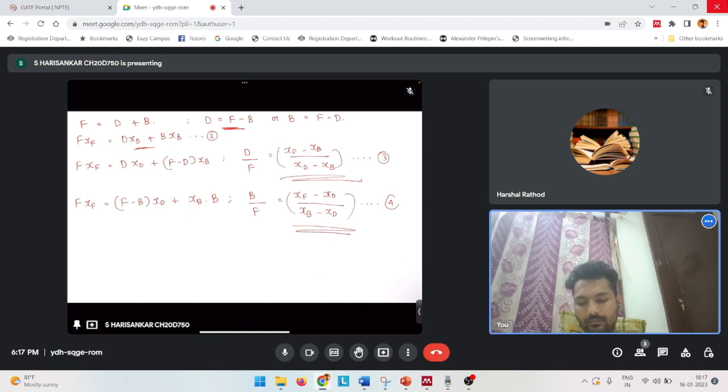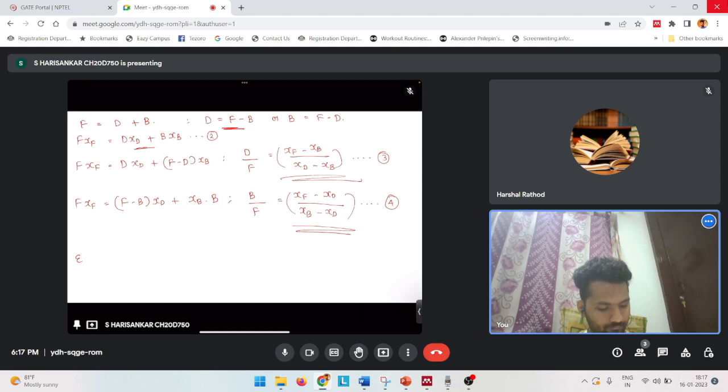Now the effectiveness of a screen is usually represented as epsilon. This will be equal to D into xD by F into xF, into B into (1 minus xB) by F into (1 minus xF).